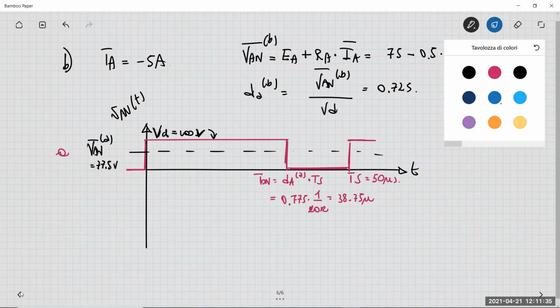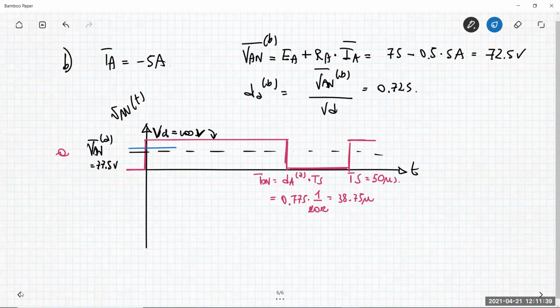Let me just put here the level of the back EMF EA, which is 75, so it is opposite to this one.